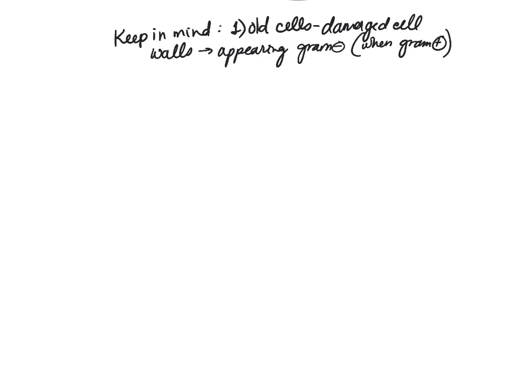And the second thing to keep in mind, and this is a really important thing, particularly if you're taking the lab at our campus, is that over-decolorizing often happens. If you use too much decolorizer, that can be an error when you're doing a gram stain.